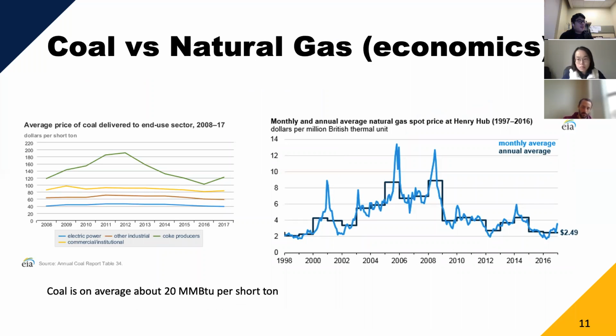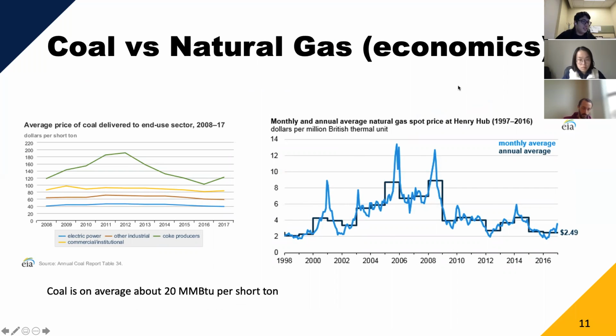So in economics, we can look at some of the costs and the prices of coal and natural gas. You can see on the left here, prices of coal over the last 2 decades compared to the prices of natural gas.